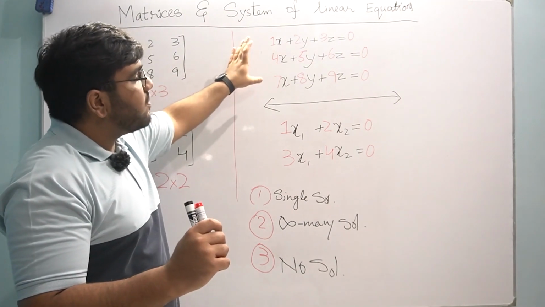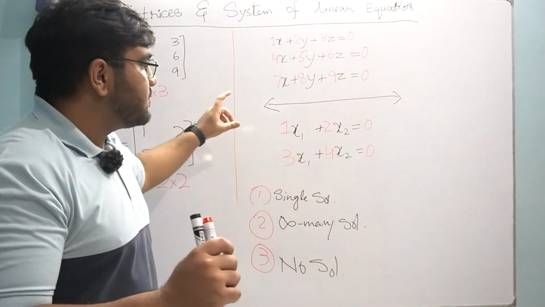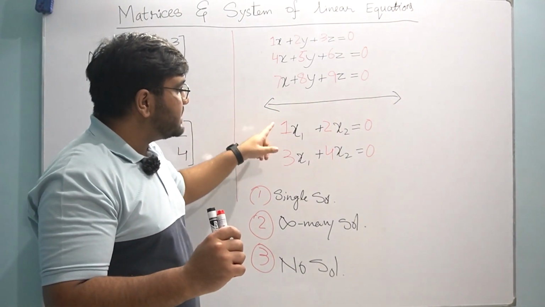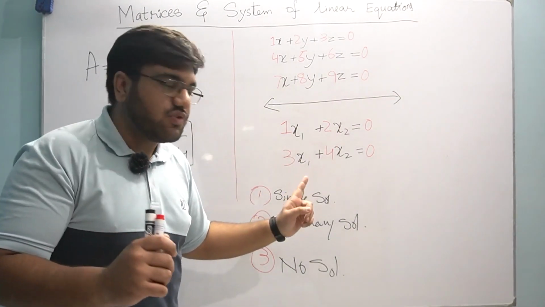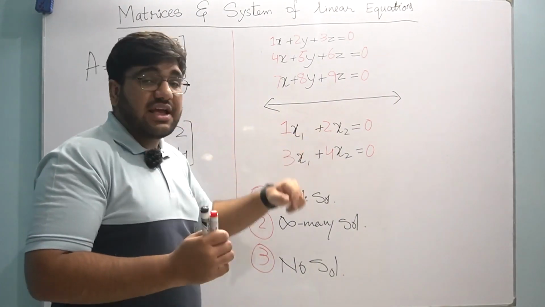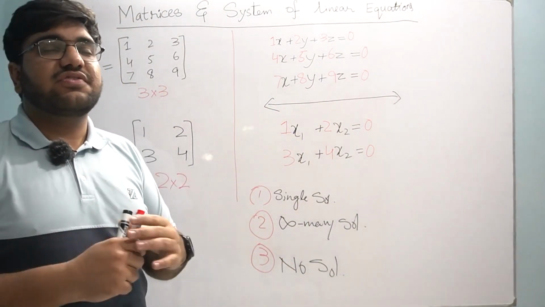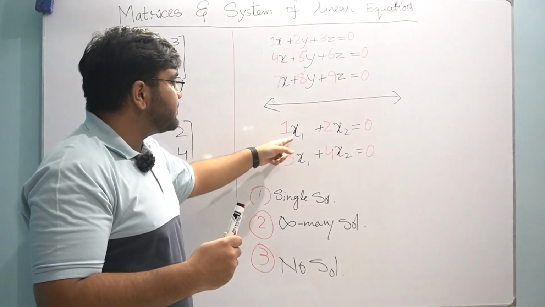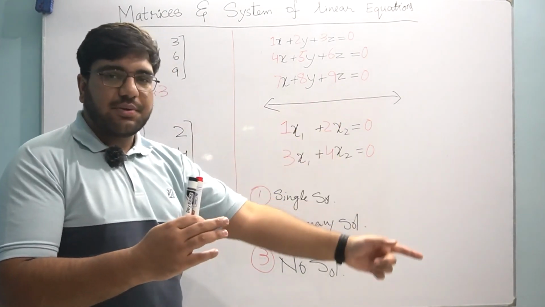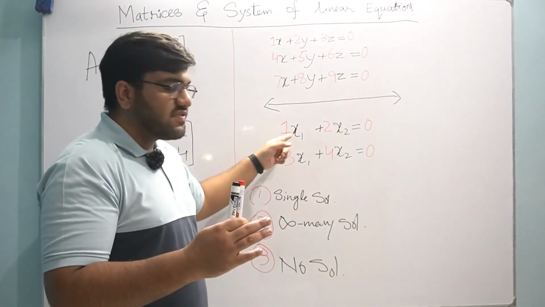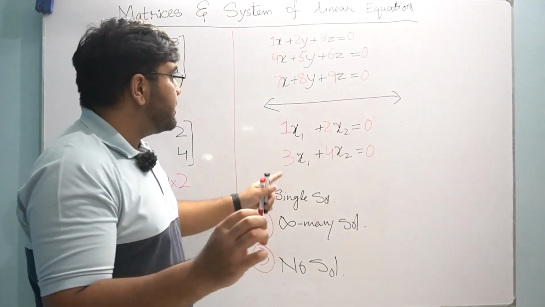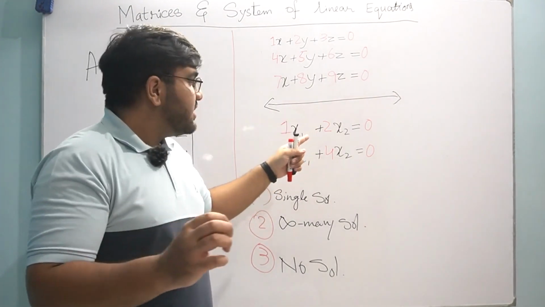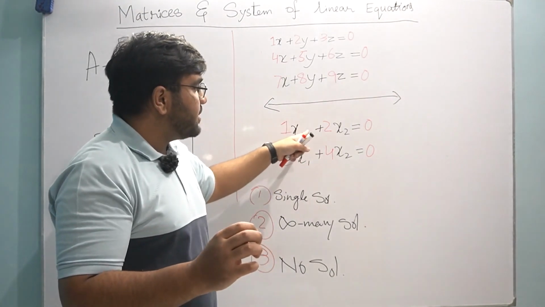So the upper example was with three unknown variables. Now the second example is with two variables and two equations. We have x1 and x2. In the last video we also discussed that variables can be given a subscript. In this case x is an alphabet, so we use a single alphabet, but what we do is give it a subscript.